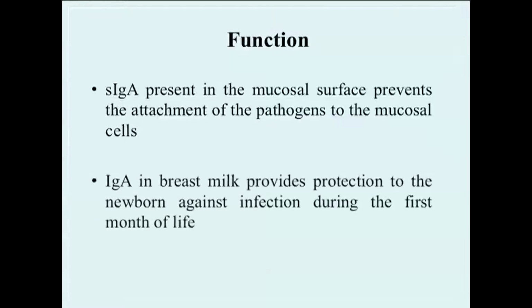Also, IgA present in the breast milk provides protection to the newborn baby because immunity develops after several months. For the first month of life, almost no immunity is present in a newborn baby. So, the IgA coming through the breast milk protects the baby from its environment.